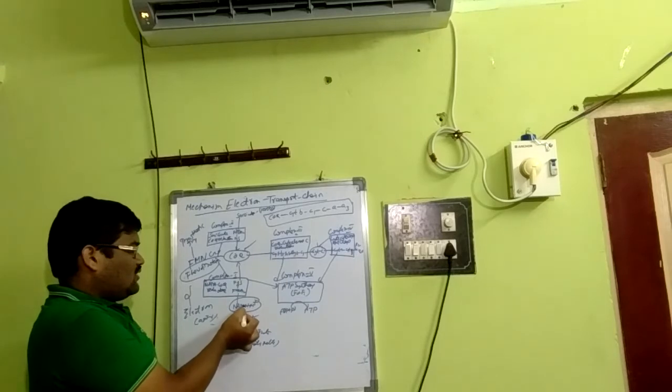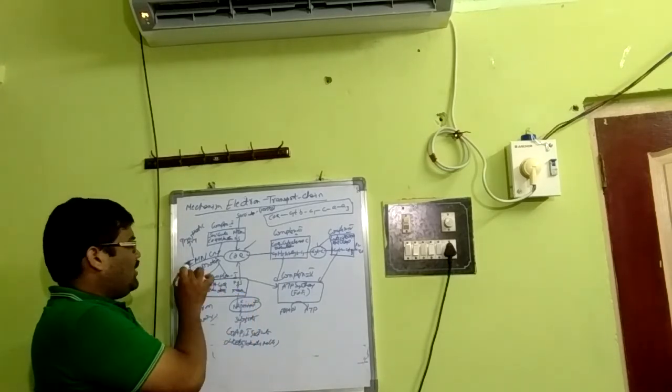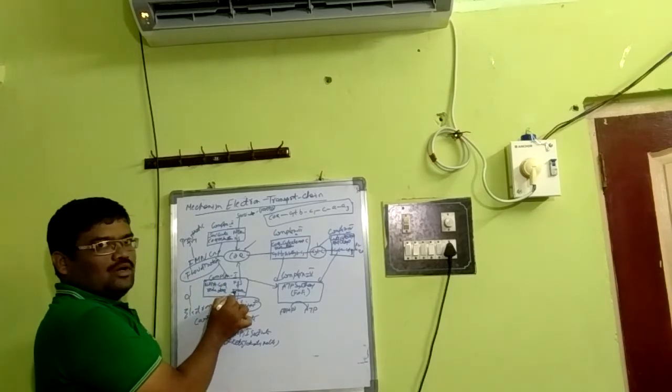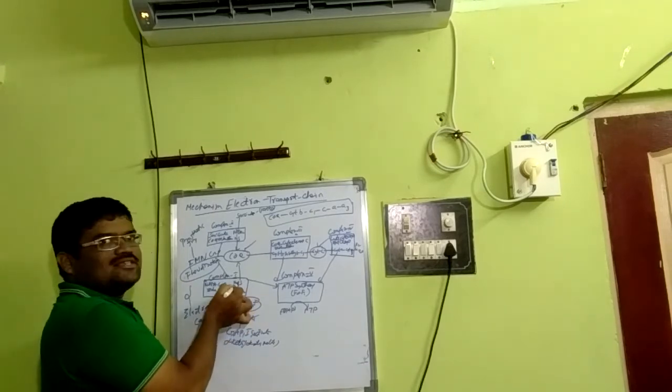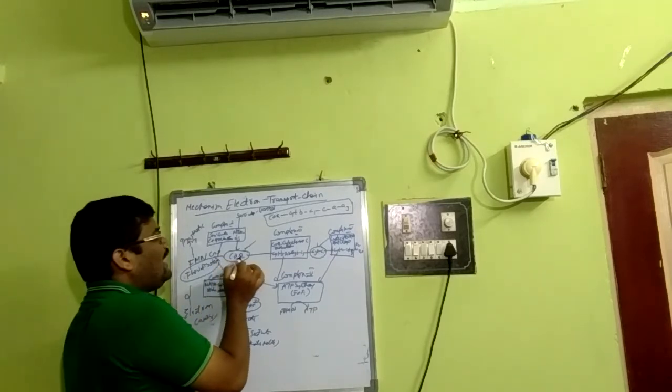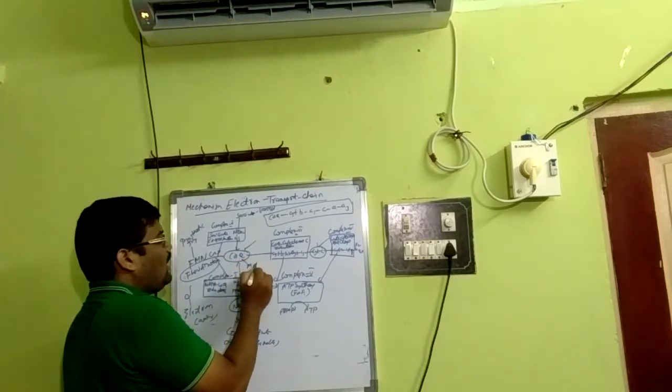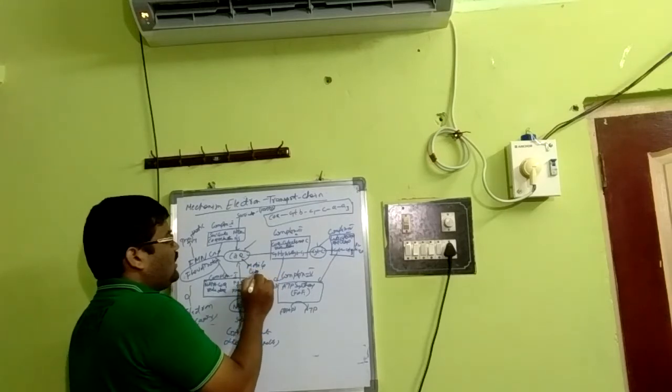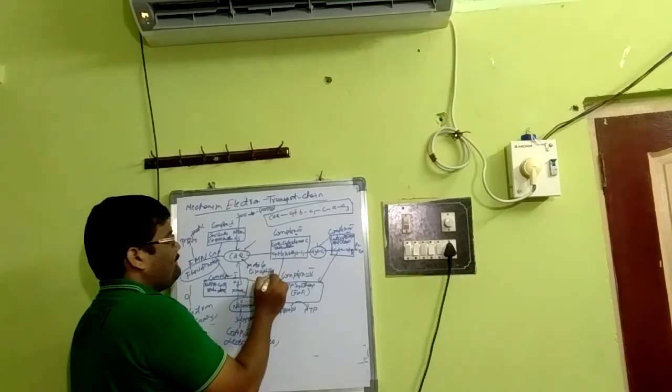For the electrons, first they move from NADH to FMNH2. That means FMN becomes FMNH2, the reduced form. Then it gives electrons to iron sulfur protein. Then it goes to coenzyme Q, which is a mobile lipophilic protein.